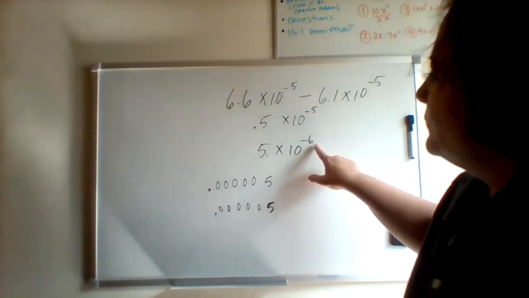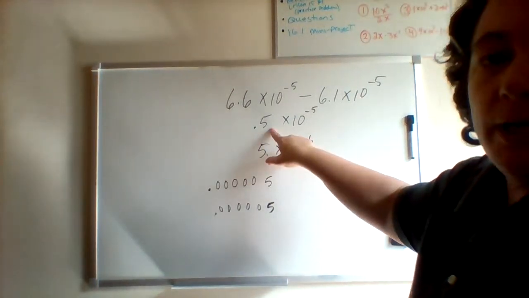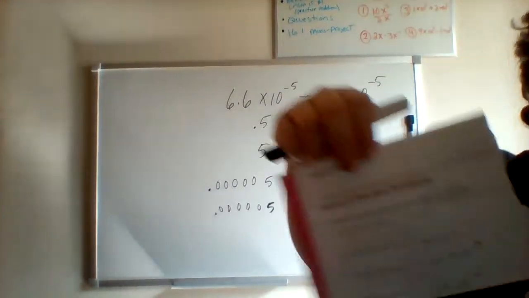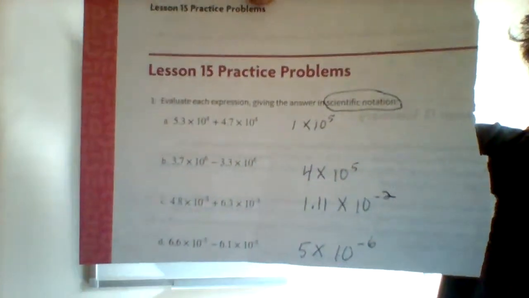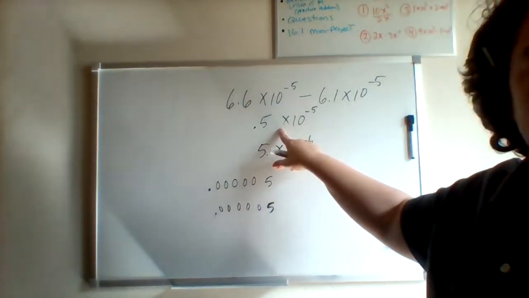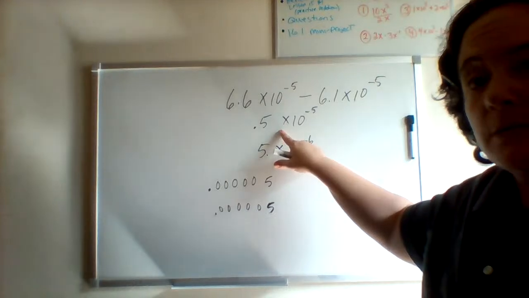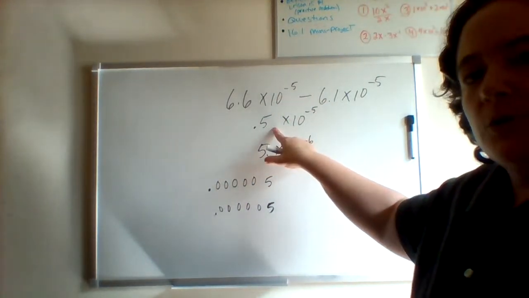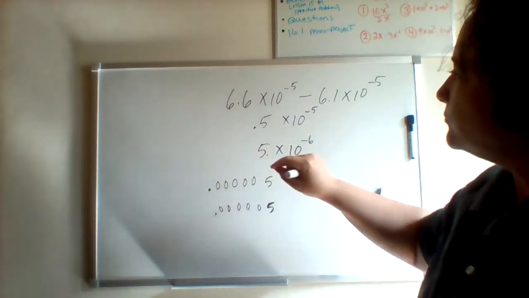So, Jacqueline, this was our answer, but they want the answers in scientific notation. I circled it in the directions. So even though we got the answer and the answer is correct, this is what happens when you subtract those two. They wanted the answer in scientific notation.